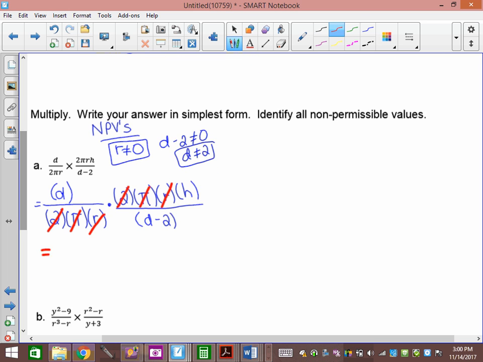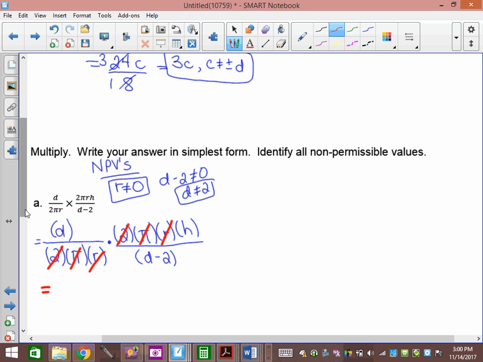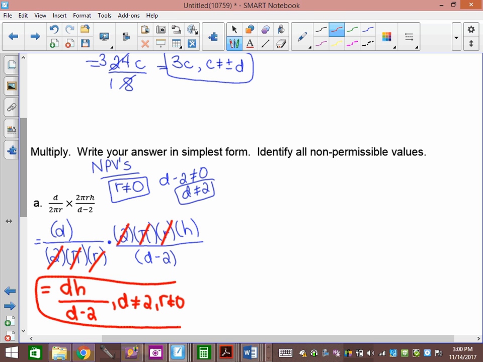So in the top, we're left with dh over d minus 2. Because it's d times h, right? d can't equal 2. r can't equal 0. We're doing a division. It's the exact same.